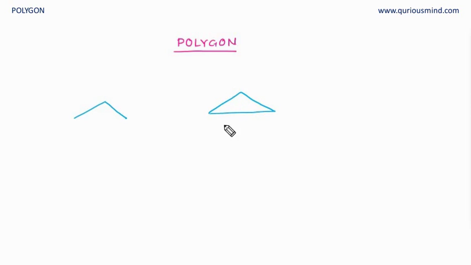Yes, I can make a polygon using three line segments. So we need to understand that a polygon needs minimum three line segments. And the polygons are also named based on the number of line segments they are made up of. Actually, we don't call them line segments, we call them sides of a polygon.